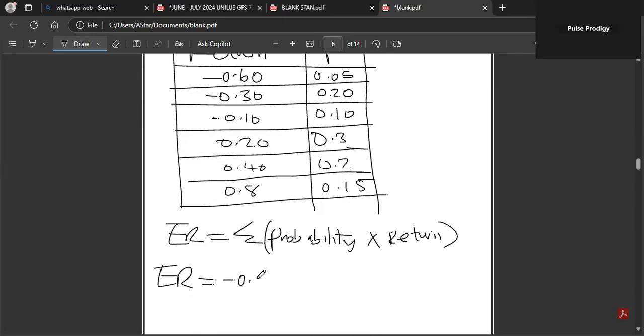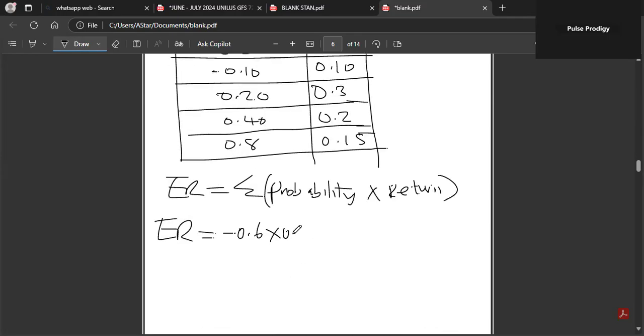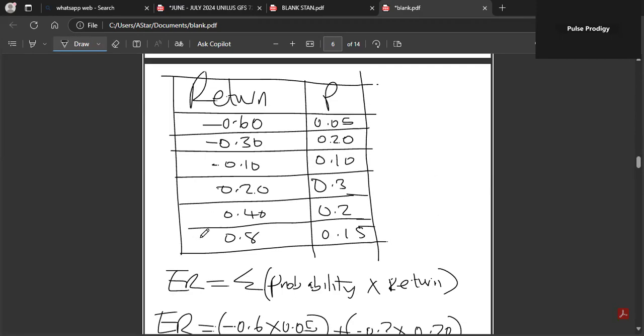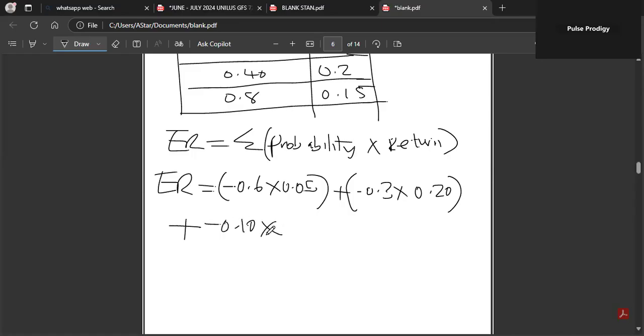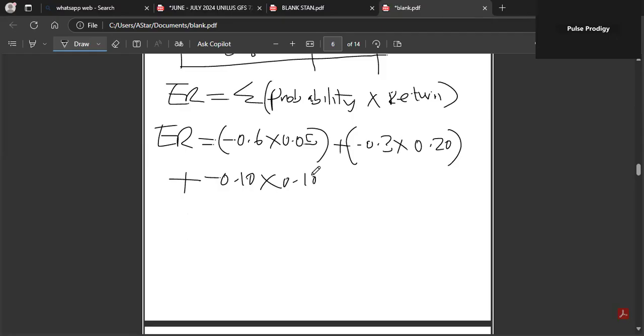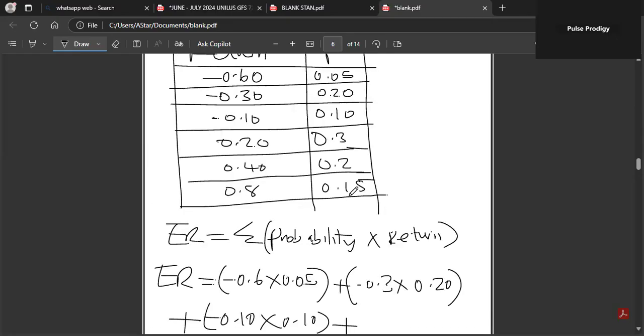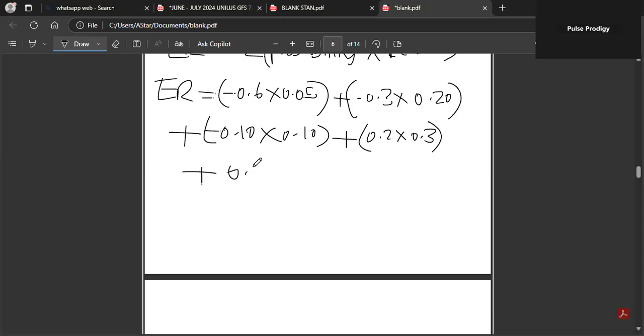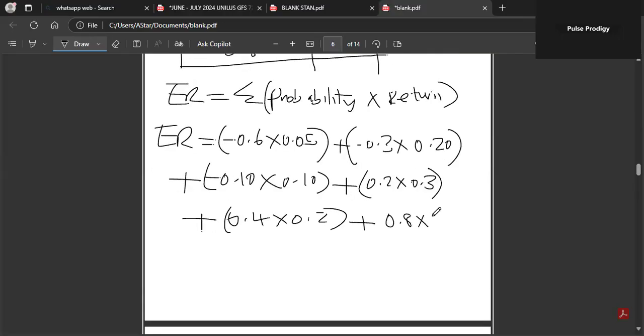So we have negative 0.6 by 0.05, then plus negative 0.3 by 0.2, then plus negative 0.1 by 0.1, then plus 0.2 by 0.3, then plus the other one is 0.4 by 0.2, then the other one is 0.8 by 0.15.